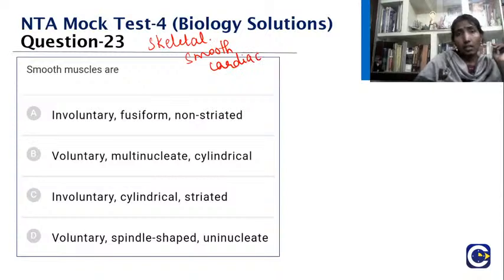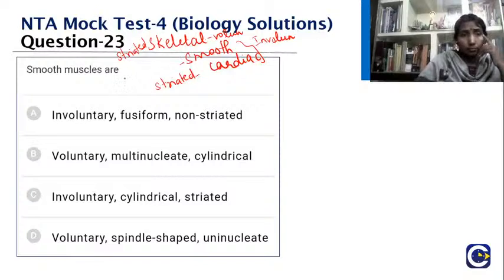Skeletal is voluntary, and these two are involuntary. Skeletal is striated, cardiac is striated. But the smooth muscle will be non-striated.